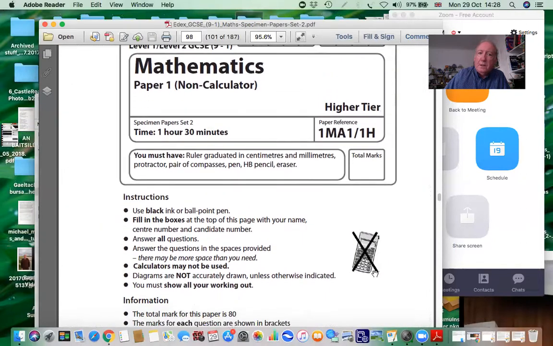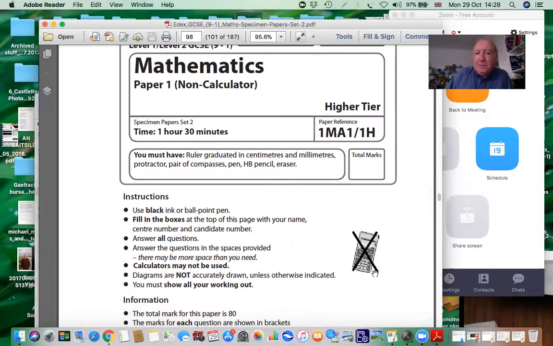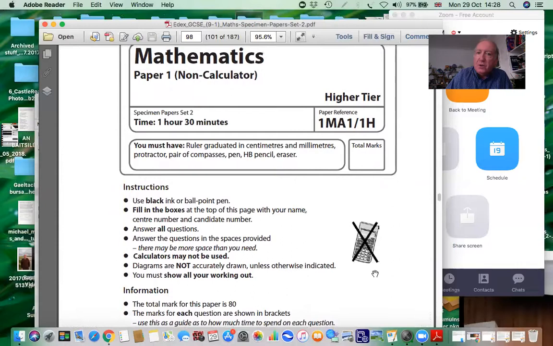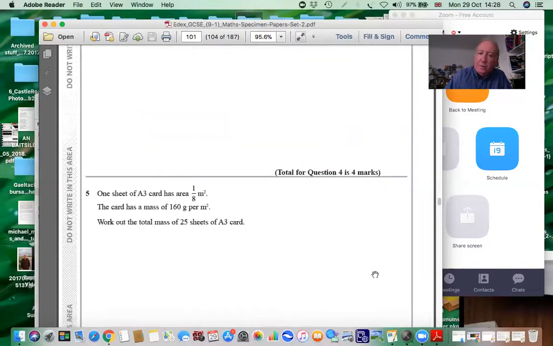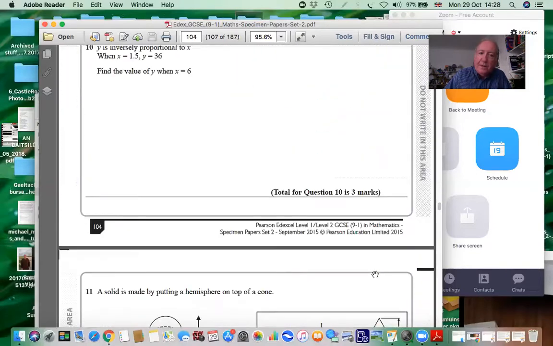So, all right. When I come to work with a student on a past paper, sometimes we find that the earlier questions on the paper are easier. And if I want to find some more challenging work, I would go towards the end of the paper and work with the student around about the end of the paper.